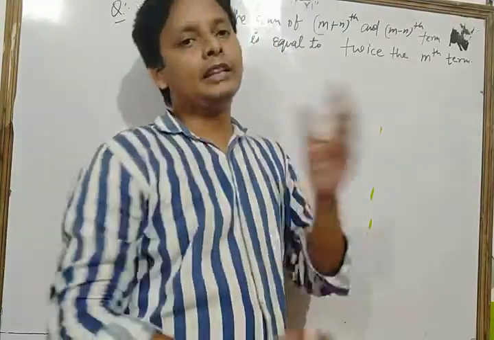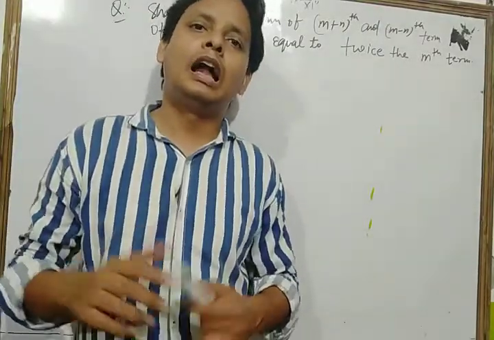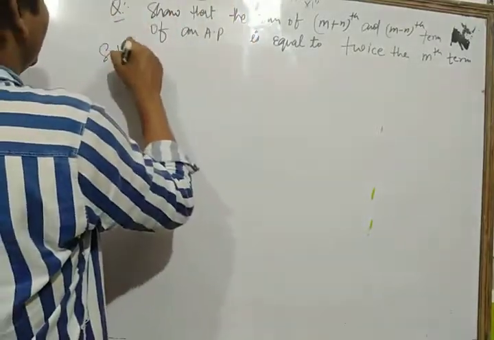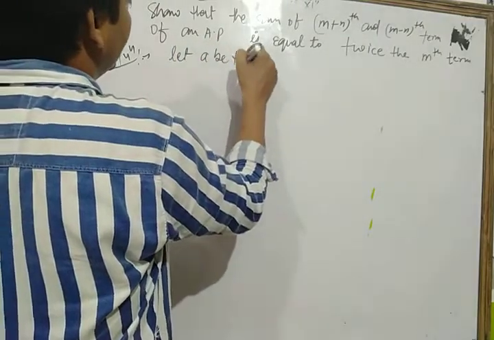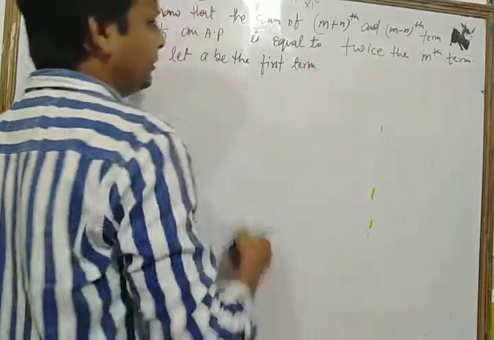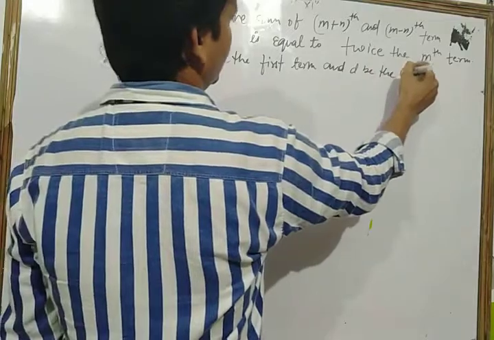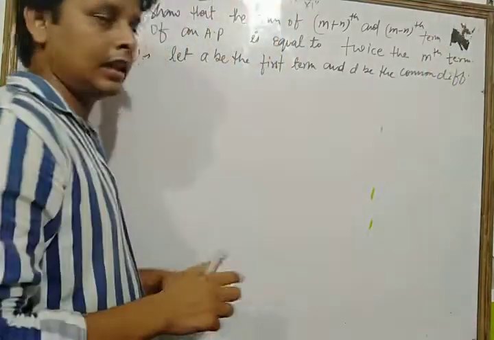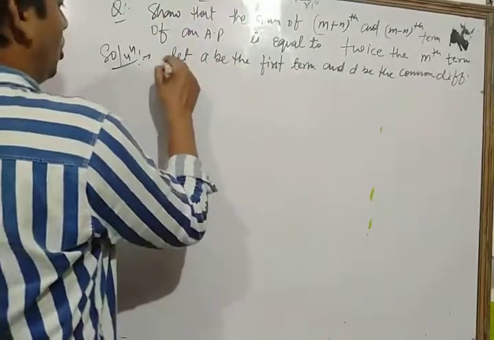Now in this question, first of all, we assume that let a be the first term and d be the common difference of that AP. Now let's see its solution.